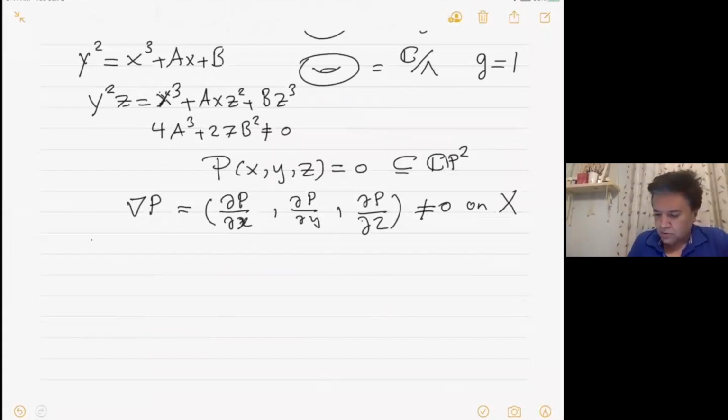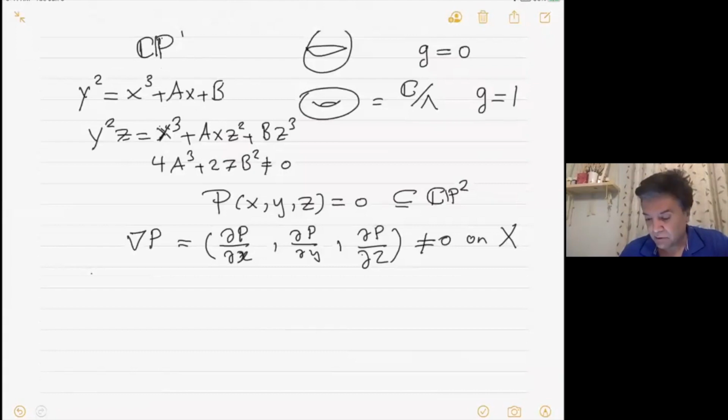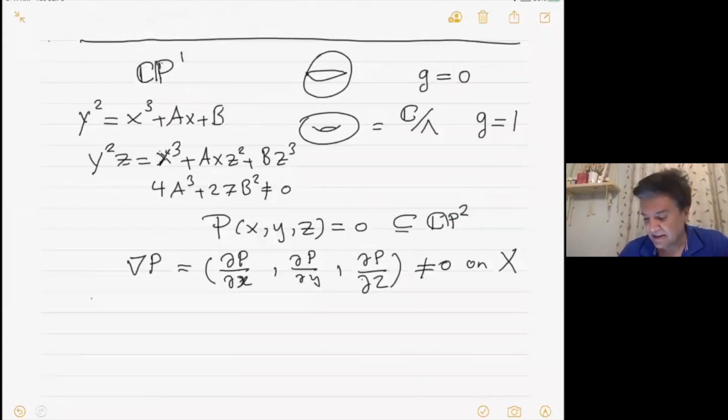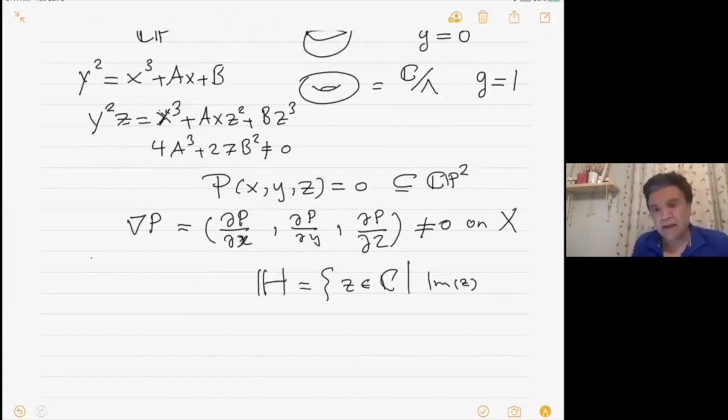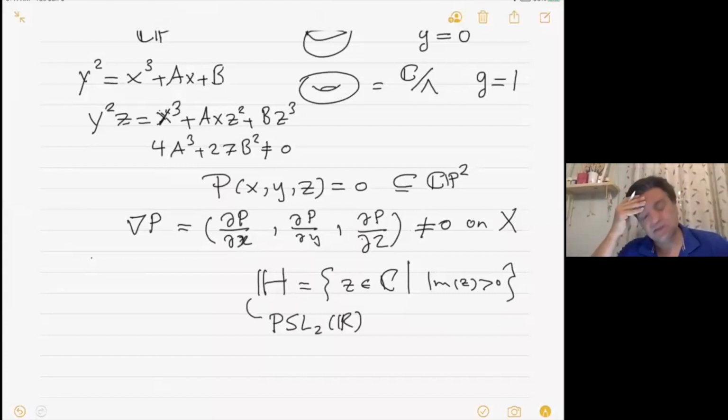If you want to work in an analytic way for Riemann surfaces of higher genus, something similar to the quotient of C by a lattice, you can do this, but you have to work with the upper half plane. And this is a complex domain where PSL2R acts on it via Mobius transformations.